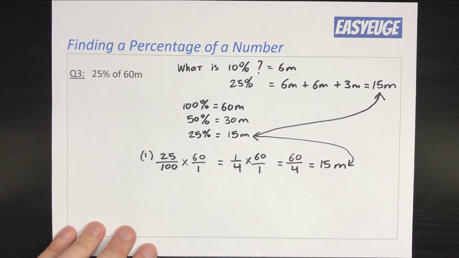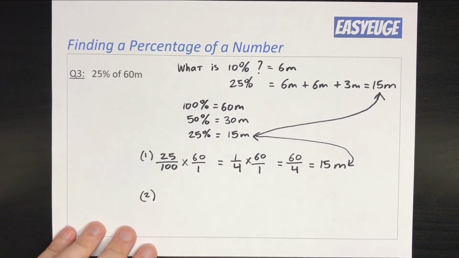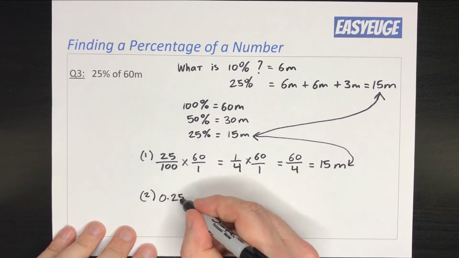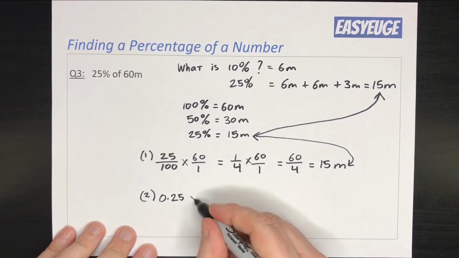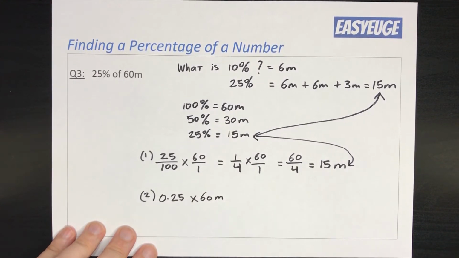And finally, let me show you another way. This is the decimal way. 25% as a decimal is 0.25. Of means multiply. 60 meters is simply 60 meters. This is very handy for putting into your calculator.